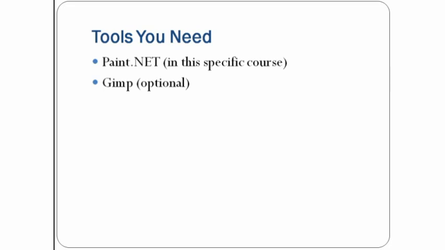It's not going to be the exact same layout, but it's going to be similar concepts. So you can use GIMP if you want to, but I personally use paint.net, and I'm going to use that for this specific course. Paint.net is free, and I found personally it to be better than GIMP, but some of you might want to try out GIMP and this and that.